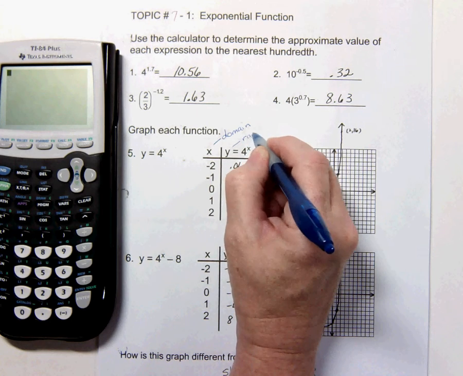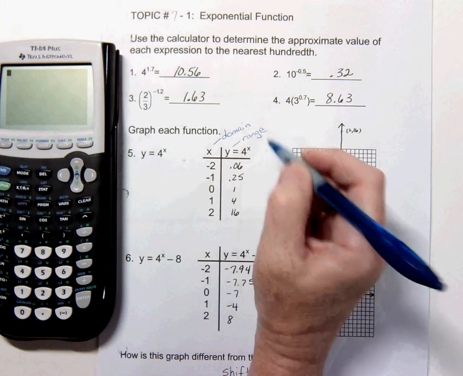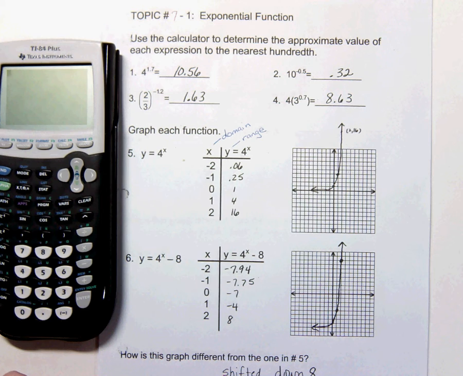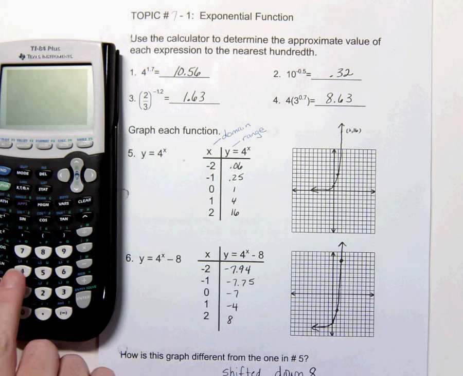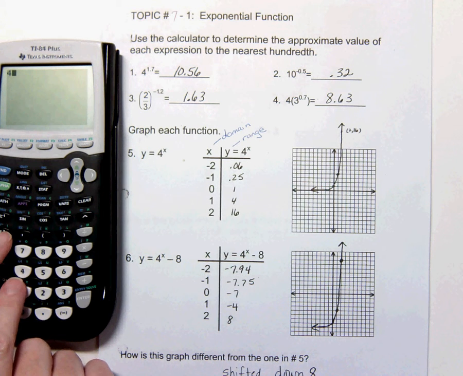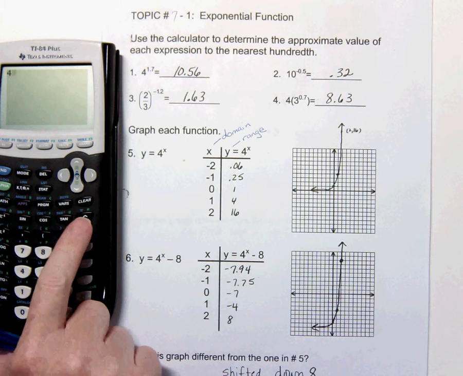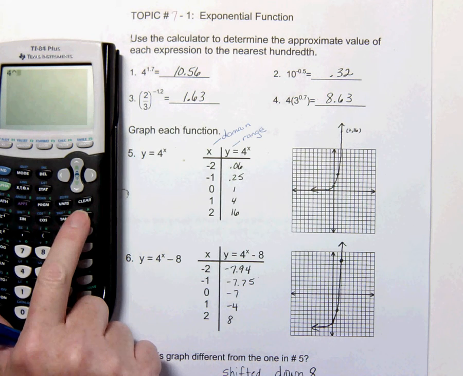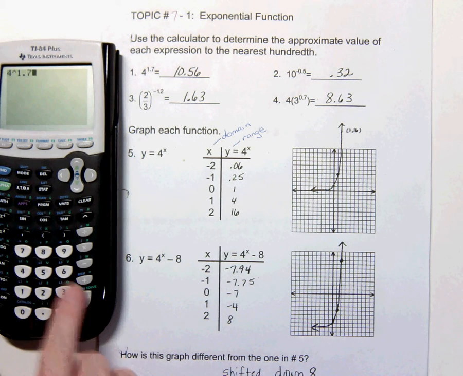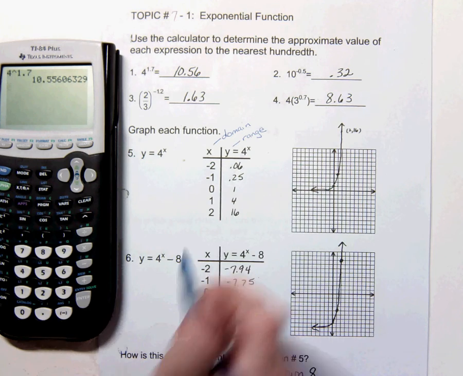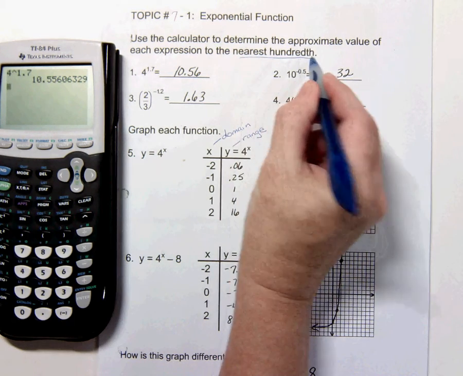Okay, these first four problems only need to be put into a calculator, but to take anything to a higher power than 2, which is normally using this button right here, is to use this house top. So 4 raised to the 1.7, just round to the nearest hundredth for these expressions.